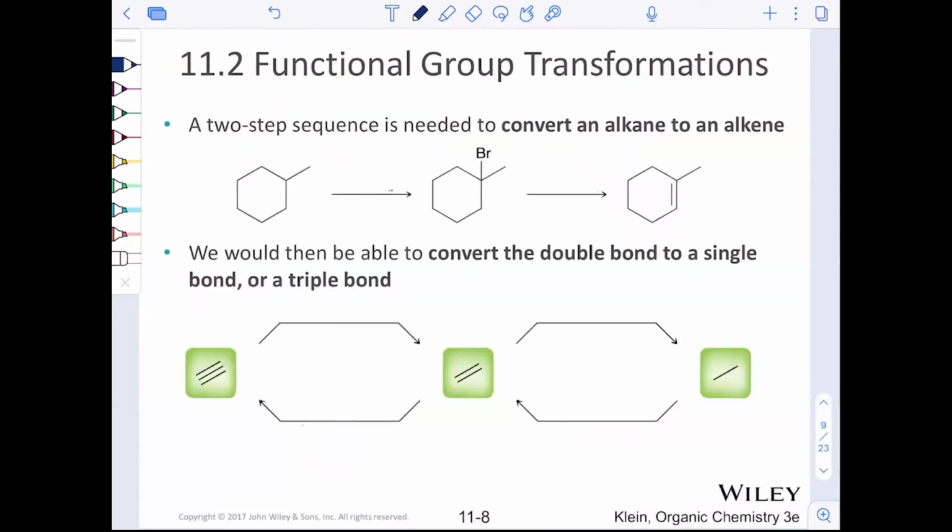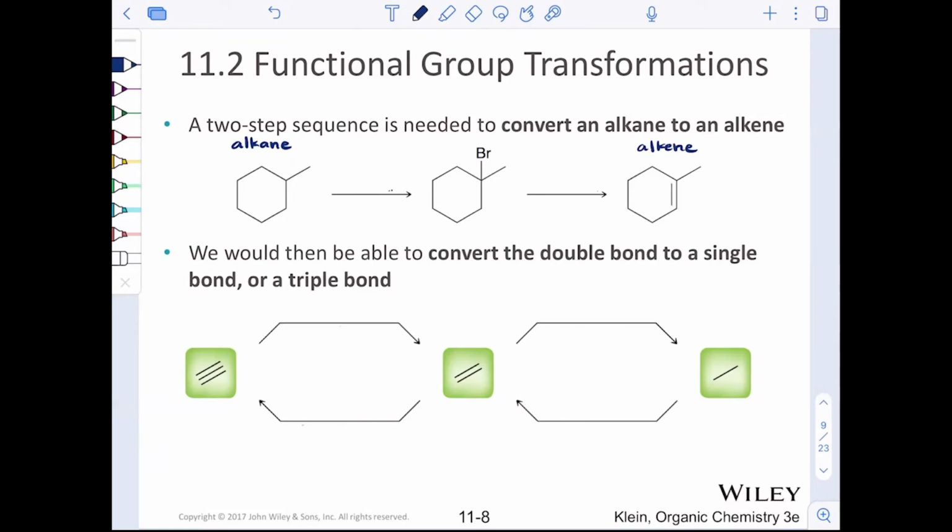We will definitely practice with a lot of these two-step conversions between alkanes and alkenes, or double bonds and triple bonds and single bonds. All of these lovely functional groups are going to be important to remember how to get there. And we'll do this in class too. But overall, to get to the alkene, we need to add on a functional group. And with an alkane, we're very, very plain. What do we have?